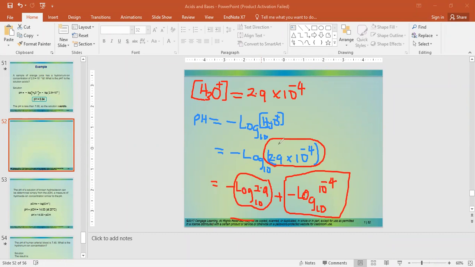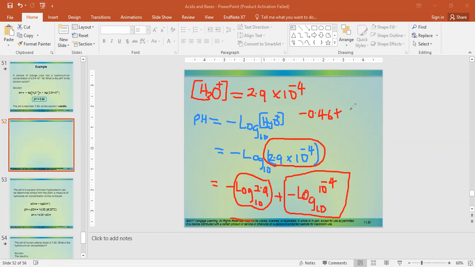Negative 0.4624. Let me put negative 0.46. So plus what? This one gives you 4.